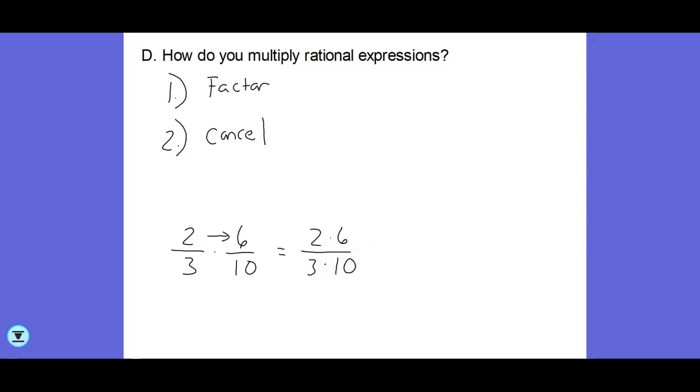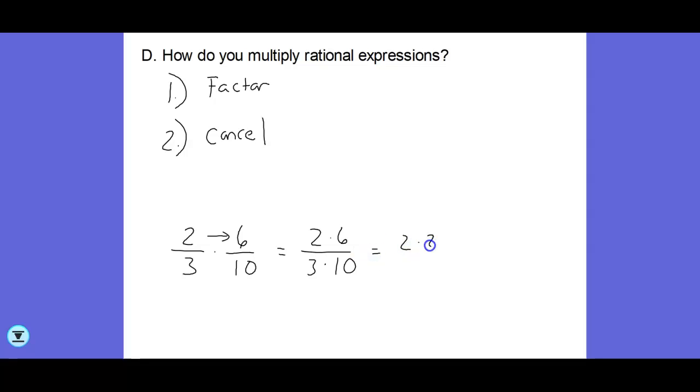So really, when you're multiplying two fractions together, it's like you have just one giant fraction with two pieces being multiplied together. So you're just going to treat it the same way you would treat a single fraction, which is by factoring and canceling.